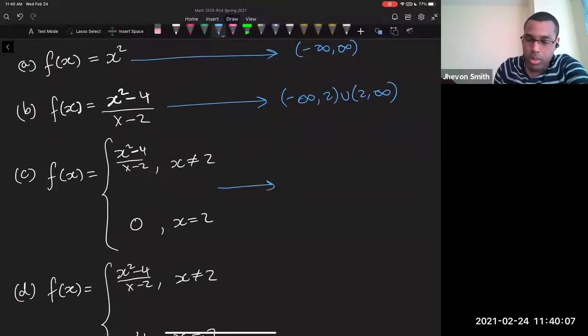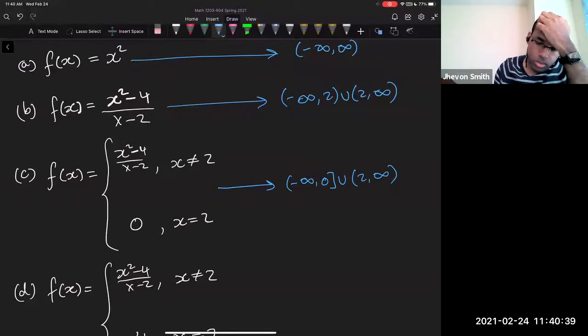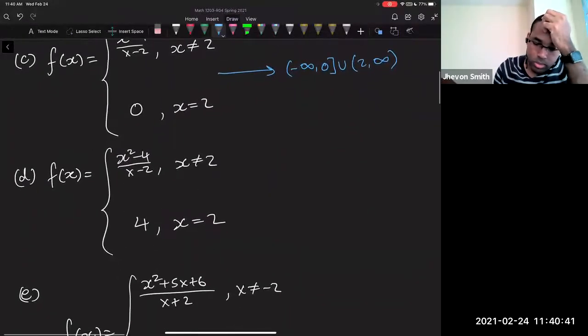What about this one? What did you guys think? -infinity to 0, with a bracket, and then a parenthesis with 2 to infinity. Like this? Yes.